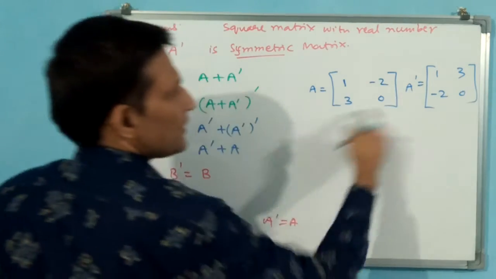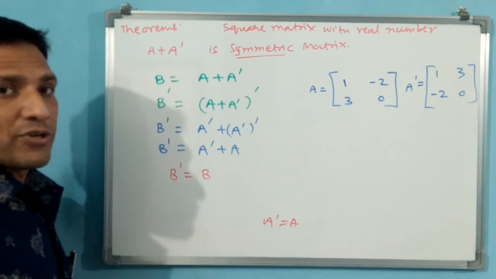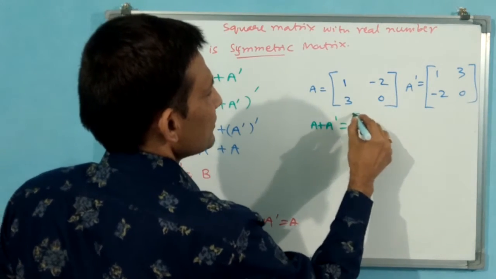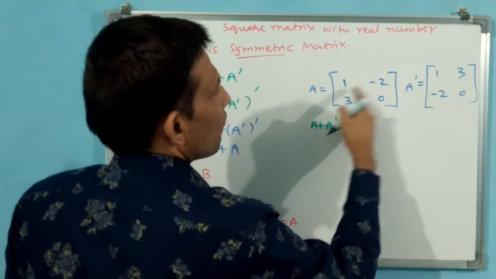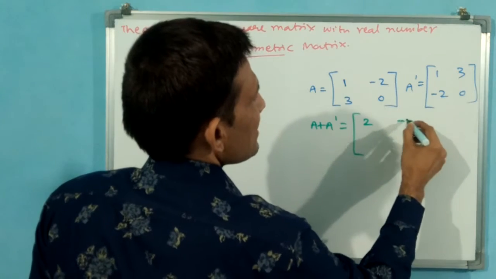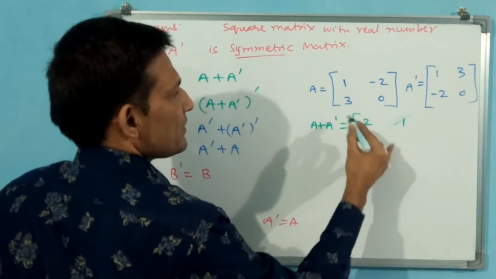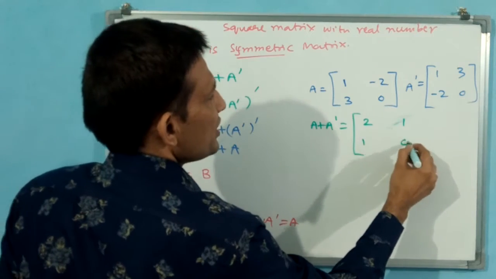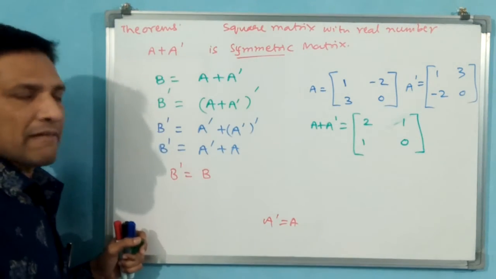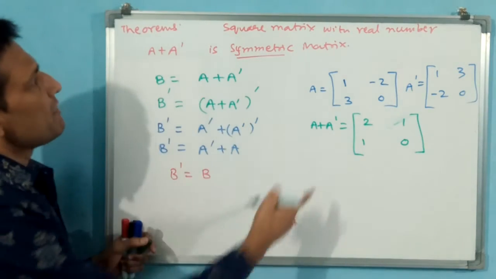Is it okay? Now what I am going to do? I am going to add A plus A transpose: 1 plus 1, 2. -2 plus 3, 1. 3 minus 2, 1. 0. That's all. Now you see, is it a symmetric matrix?